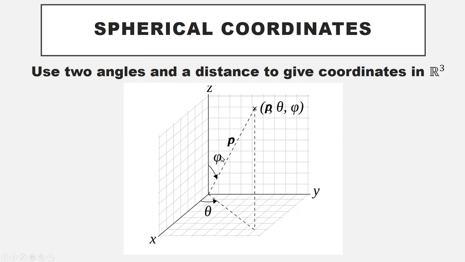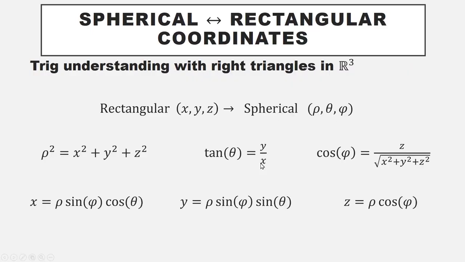So phi looks like that, but it's also the angle of this right triangle here. The hypotenuse of that right triangle is rho, and the adjacent, this is the z value here, the height of your point. So cosine of phi is z over rho.